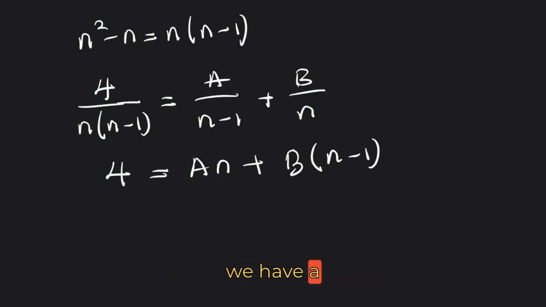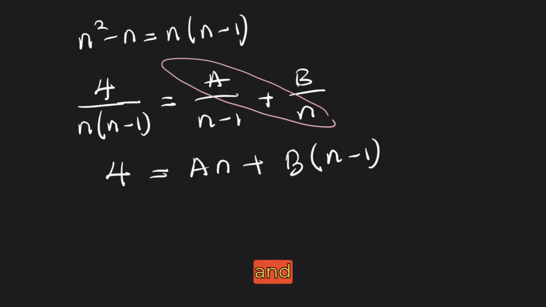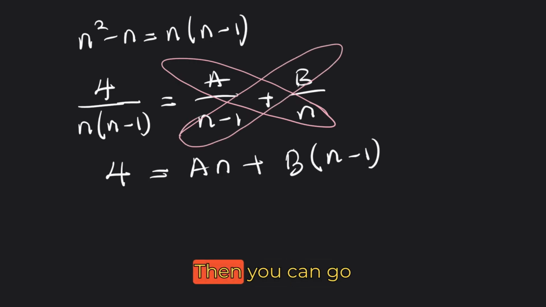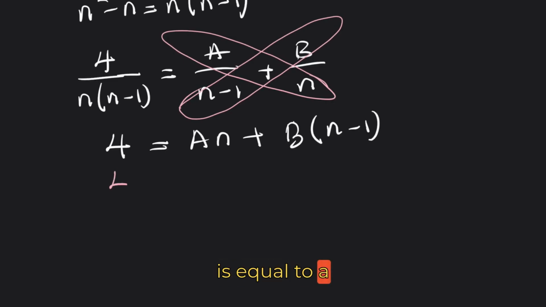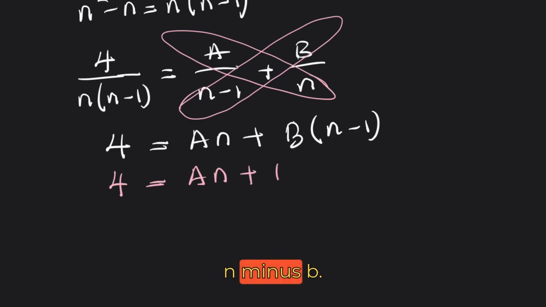So we have A multiplied by n, and then B multiplied by n minus 1. Then you can go ahead and expand this. So 4 is equal to An plus Bn minus B.